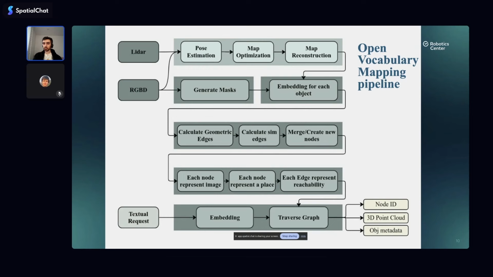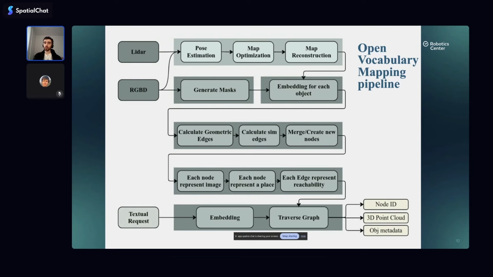So we have the poses, we have the images. What do we do? We generate maps, we segment using anything, the foundation models, and we have a set of objects that we don't have a label for. So we give an embedding in text-visual space to each of these objects, and then we do something called a fusion between these objects.